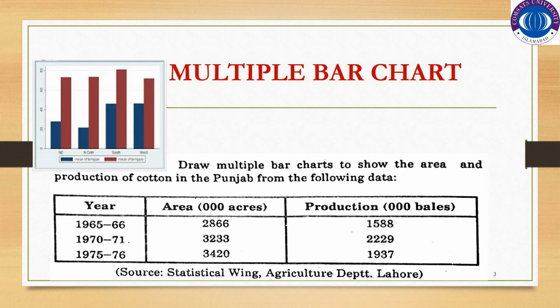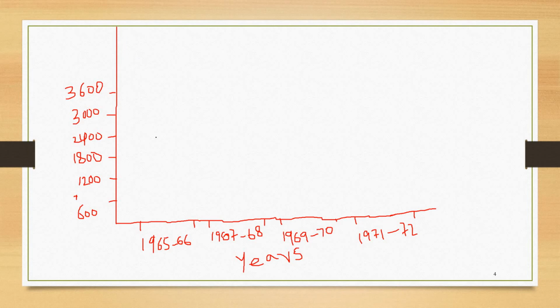For first 1965, we have area 2866 and production 1588. It will be somehow over there.